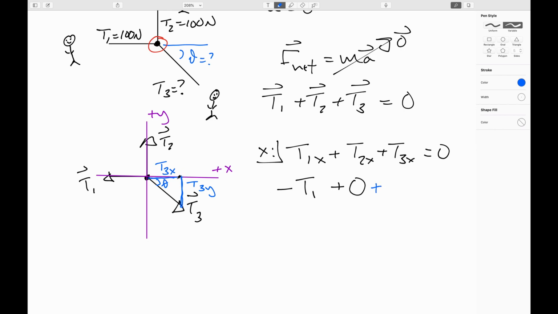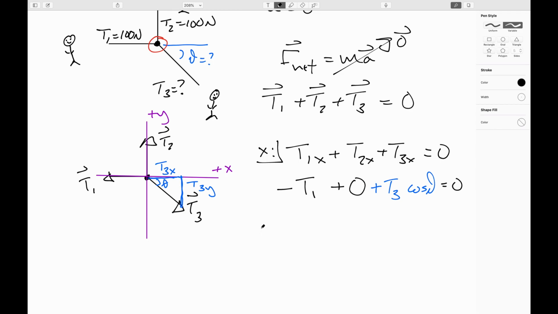And how much of it is pointing to the right? Well, this is the adjacent to my angle, and T3 is my hypotenuse. So if I remember SOHCAHTOA, that means that T3X would be T3 cosine theta. And that equals 0.